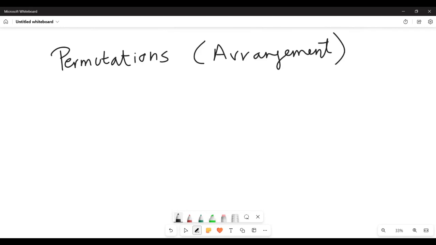Before we discuss arrangements, there's a key in the calculator underneath delete which says nPr. It has a formula: nPr equals n factorial upon n minus r factorial.